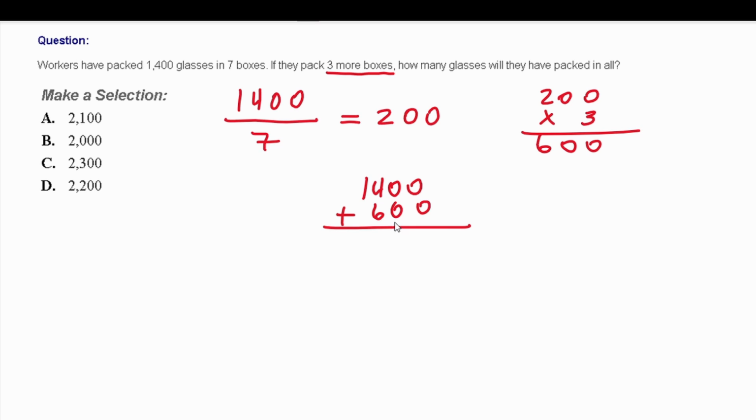This is pretty easy to do without having to work this out, but I'll show you how to do that. 0 plus 0 is 0, 0 plus 0 is 0, 6 plus 4 is 10, carry a 1, 1 plus 1 is 2. So in total, they packed 2,000 glasses. So that's that one.